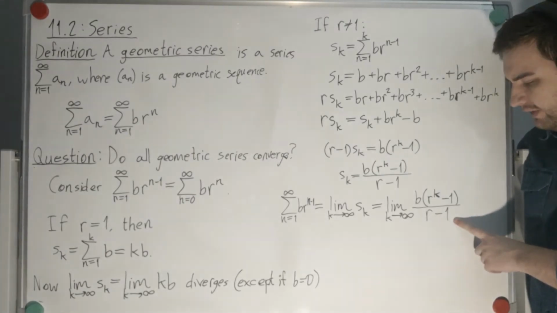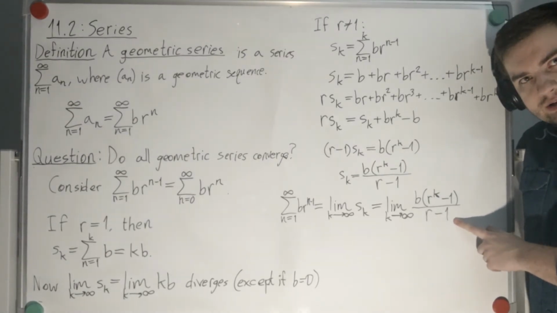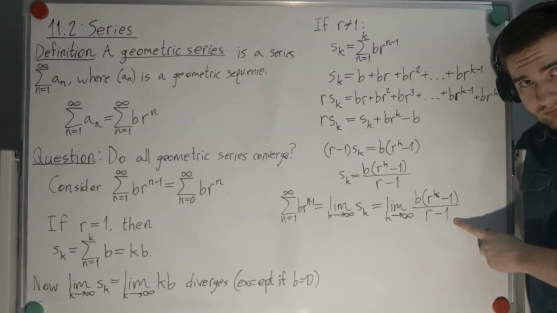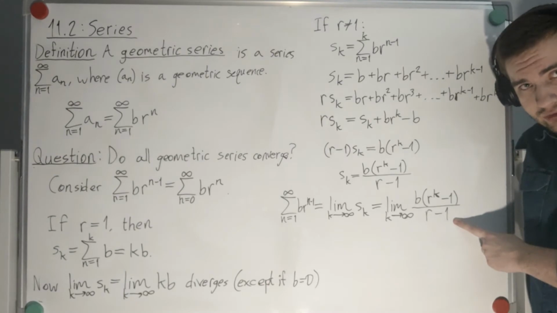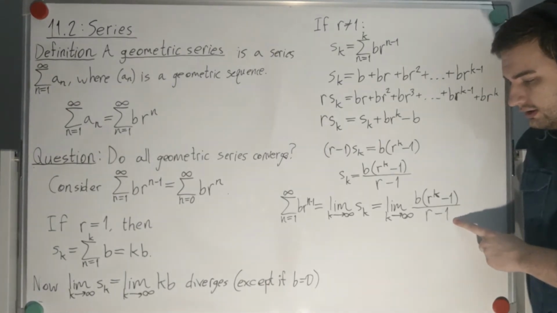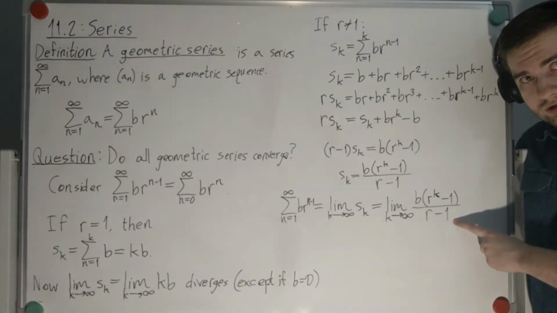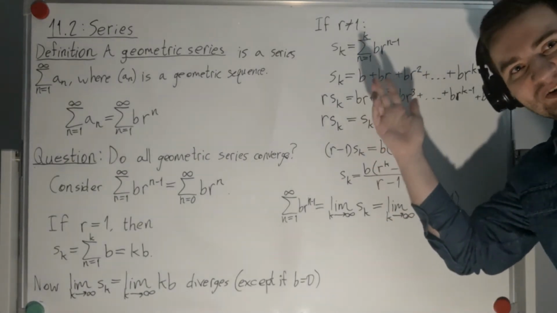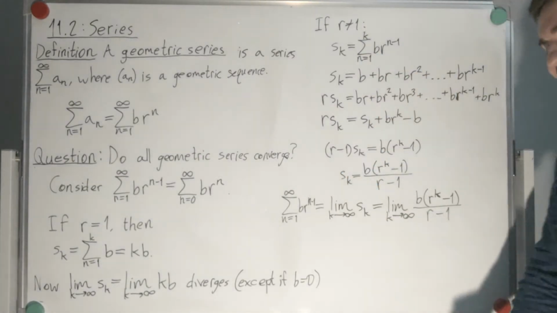If you're saying infinity, then you're right as long as r is greater than 1. If r is not greater than 1, this will not approach infinity. If r is something like 0, well, first of all, you wouldn't care about this series much because, again, it's just 0.